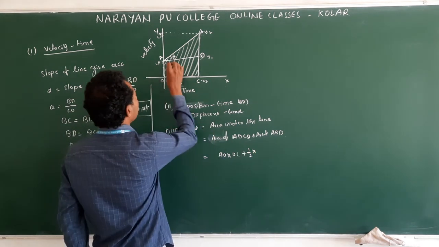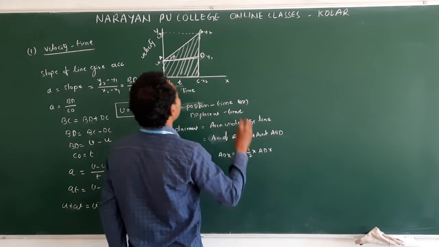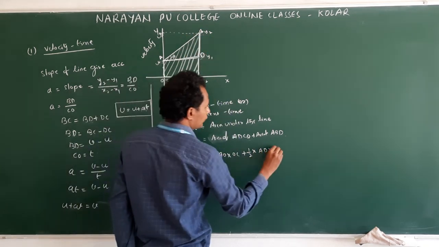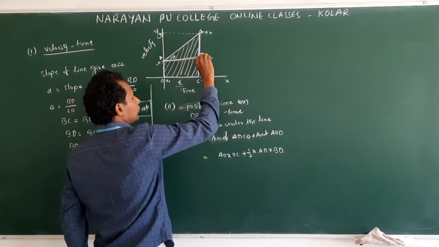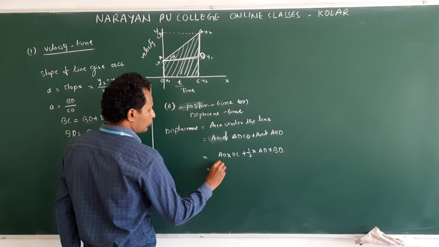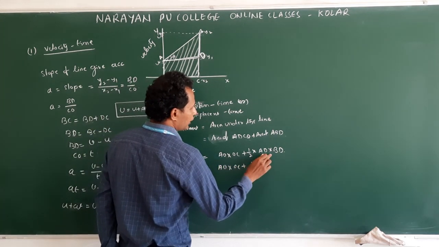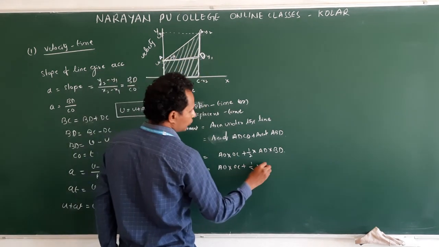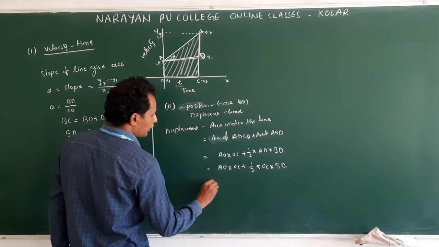What is the base? AD. What is the height? BD. This is D. Clear? So AO into OC plus half into AD, and AD is parallel to OC, so this is OC into BD. Now, what is the AO value?